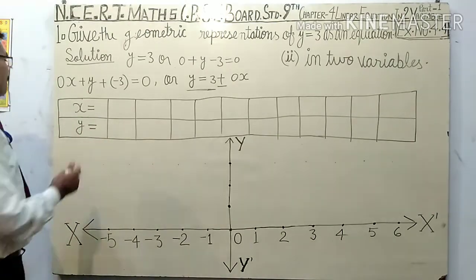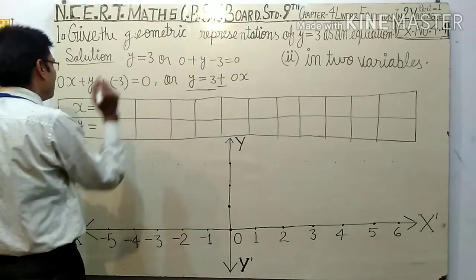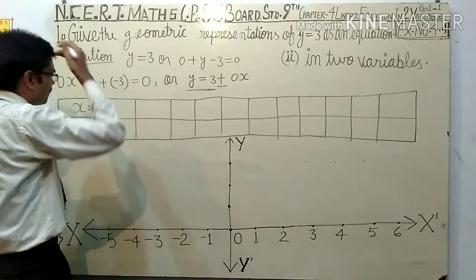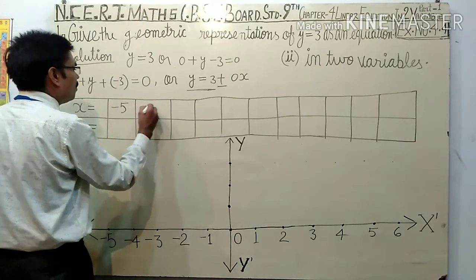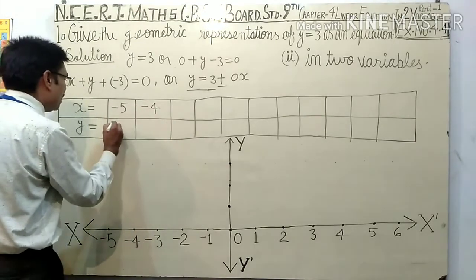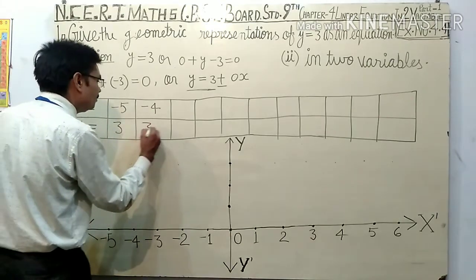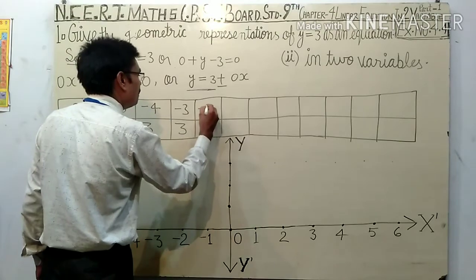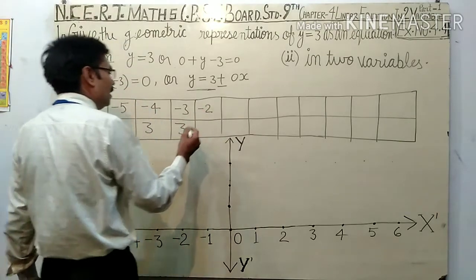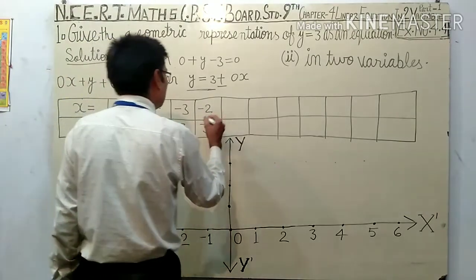Here the value of y is independent. We are given y first. So start from minus 5, minus 4, and the value of y is constant everywhere, only 3. Minus 3, minus 2, the value of y is constant with every value of x.